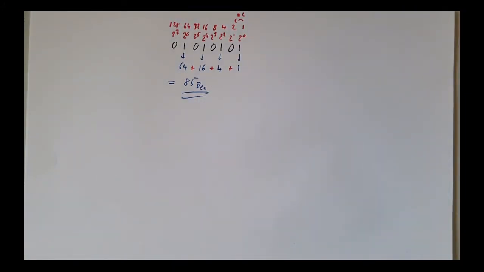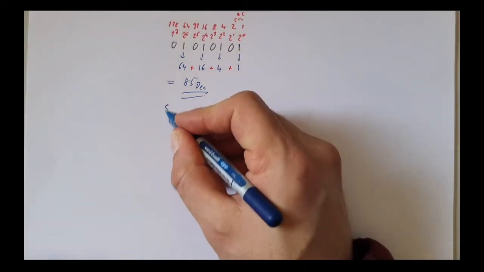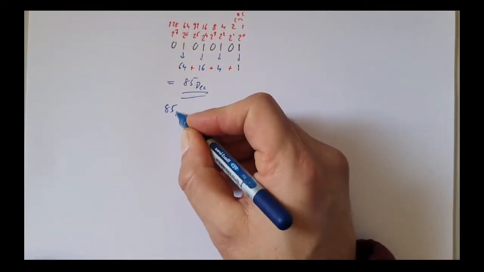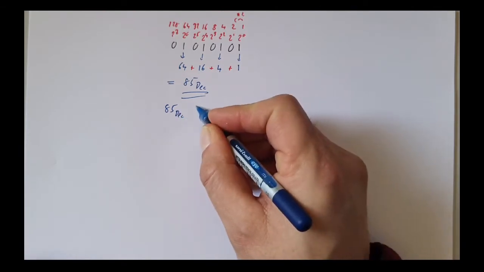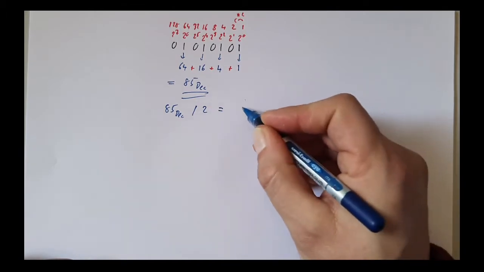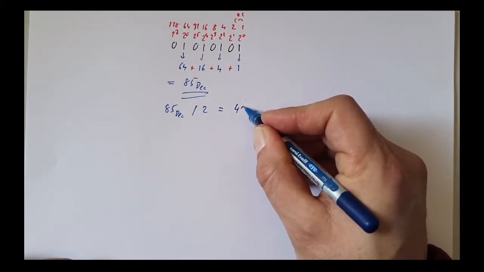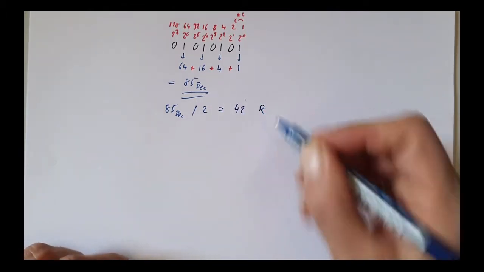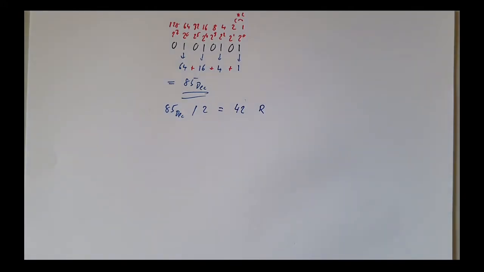So if we convert it back to binary, then we just use the 85 decimal and we now divide it by 2. So you get 42 and you will get a rest. And the rest is the binary number. So in this case, 1.